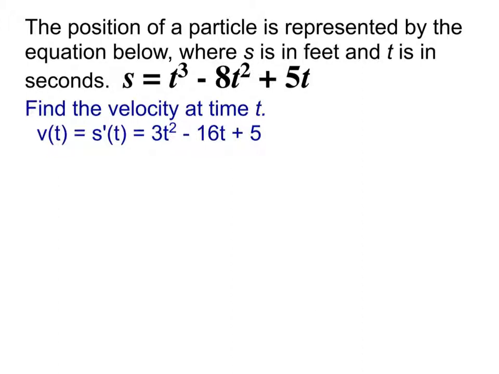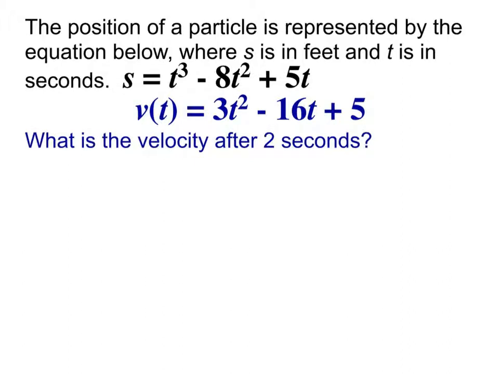Okay, so now that I have the equation for it in terms of t, well, we can now use that as well. So next up, really quickly, please, what is the velocity after 2 seconds? And so once again, we're taking the 2, it's 2 seconds, so we're plugging that in for t in our original equation there for v.